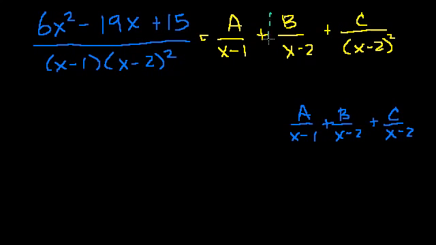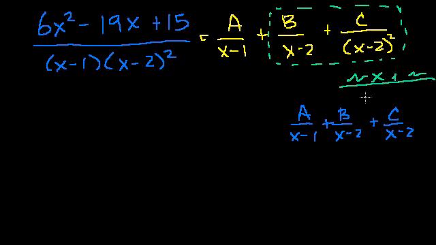If you were to add just these two parts here, you would get something times x plus something, all of that over x minus 2 squared. And that's consistent with what we did in the previous video, where we said if we have a second degree term in the denominator, which this really is if you were to expand this, you should have a first degree term in the numerator. So I'll leave that there. That's a little bit of a nuance, and it's good to think about why this works. But with that said, let's just solve this problem.